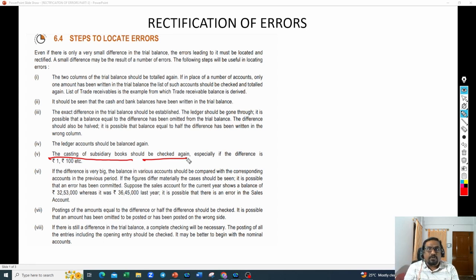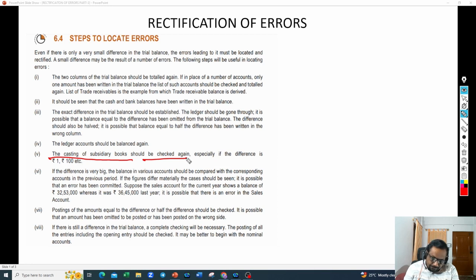If that gets posted to the ledger, the same amount will appear in our trial balance as well. So obviously that will have an impact on my trial balance, right? So when casting is done for subsidiary books, let us check whether the casting has been done correctly or not. Whether by any chance the incorrect totaling has been carried forward to posting, and from posting, whether it has been carried forward to the trial balance, which is causing the difference. So you need to total the subsidiary books and see whether there is any possible mistake in that.